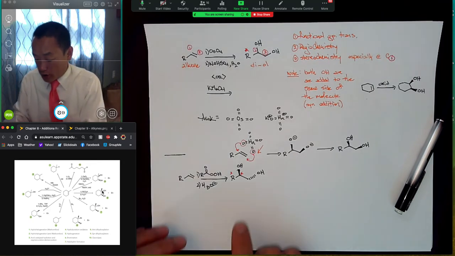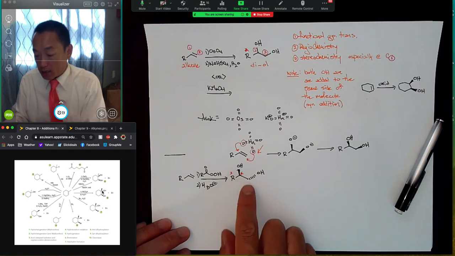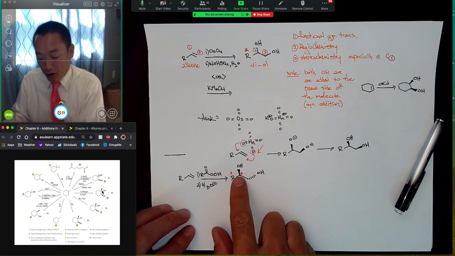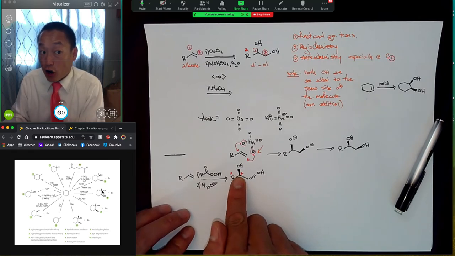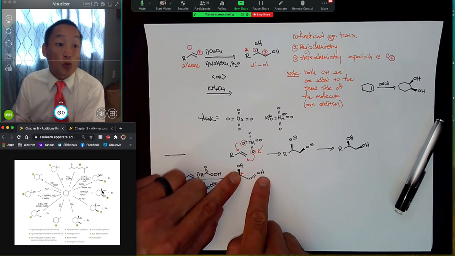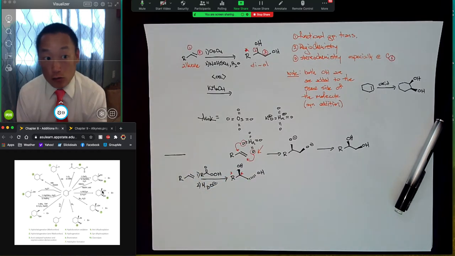And so all of a sudden, once we've figured out the stereochemistry with respect to the carbon atoms, we can ask how those things were added with respect to one another, since we're adding two of them.